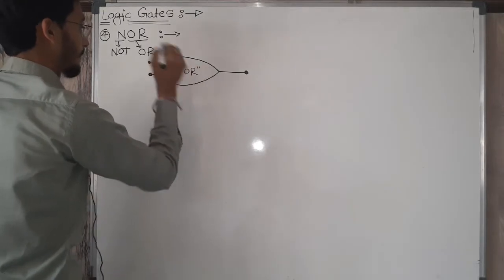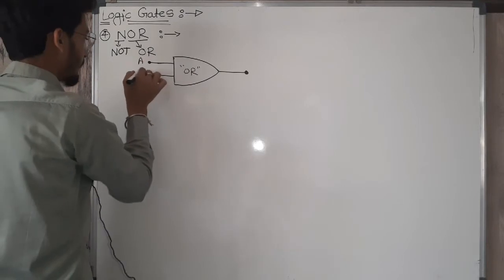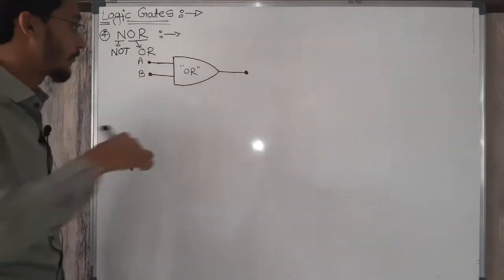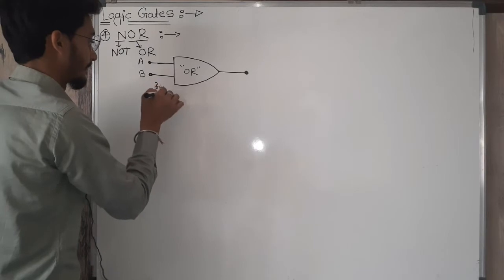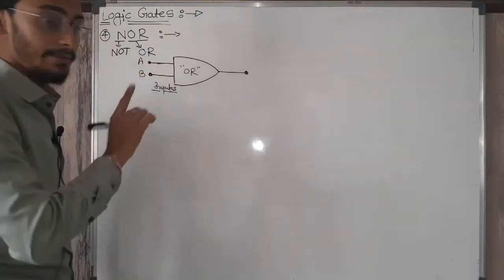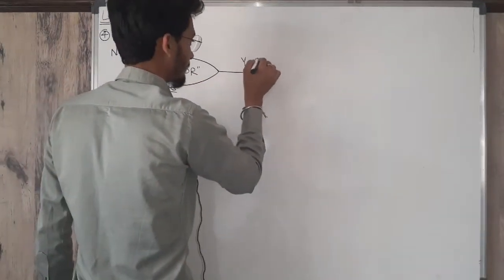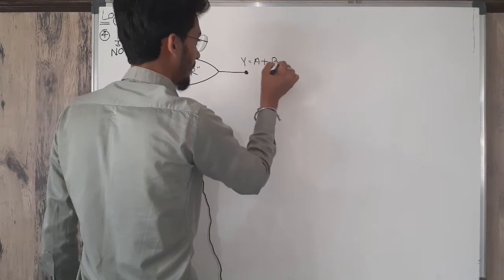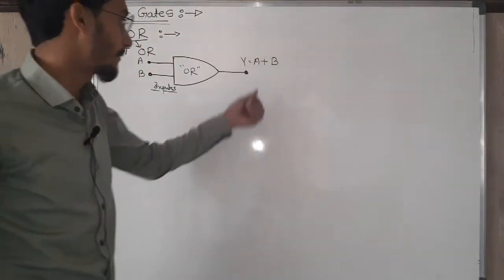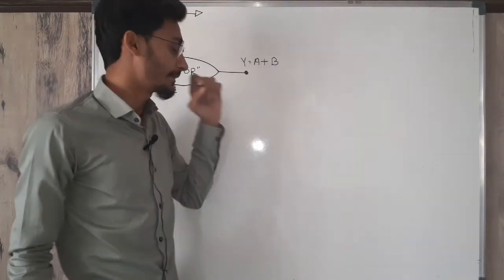Very simple. Okay. So if you take A and B as inputs for the OR gate, then you get the output like this, A plus B. This looks like a plus sign, but actually that is a Boolean representation.